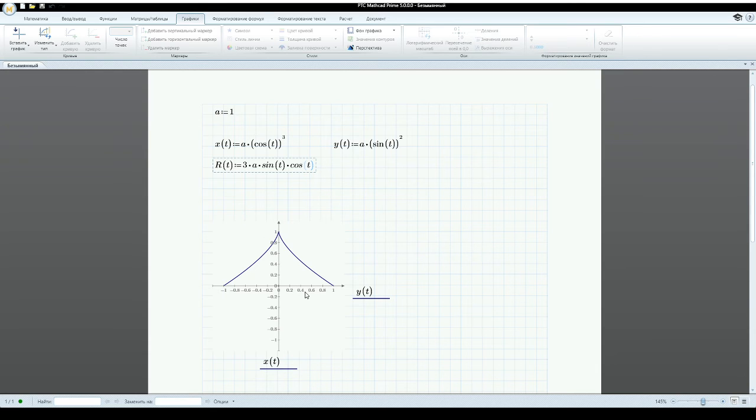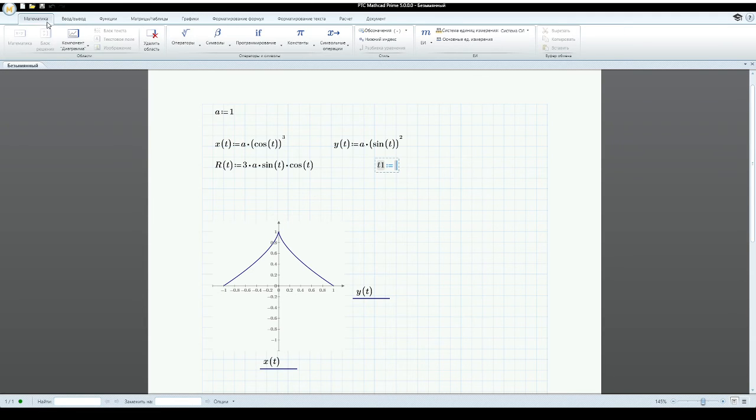And if we take, for example, t1 is pi over 4, maybe this point.